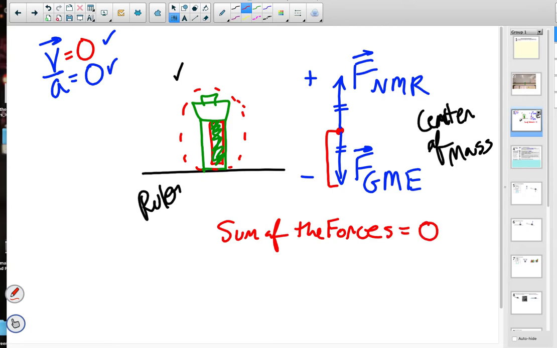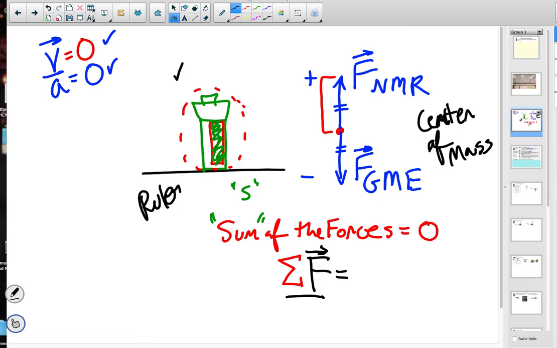The same size positive force plus the same size negative force would equal 0. We're going to abbreviate that using the Greek letter sigma, which stands for sum. That's the Greek letter for S, for the sum or add them all up. And then a capital printed F with a vector for forces. We're going to say this as net force, or sum of the forces. Net force. That's crazy, right? In which case it is 0.